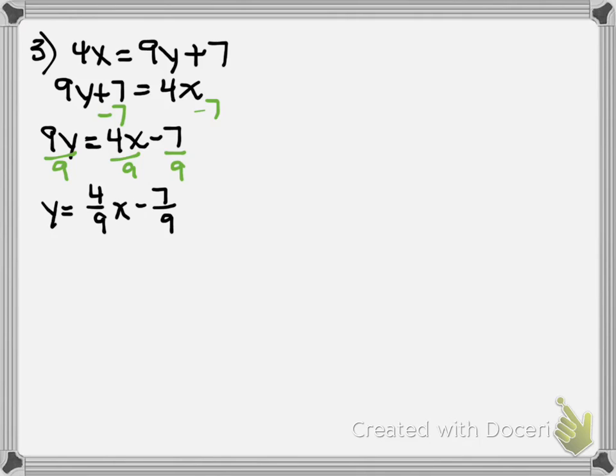Okay? So let's identify. Ashlyn, what's the slope of this particular equation? 4 over 9. Thank you for not saying x. Okay, and then we need to figure out what the y-intercept is. Tristan.